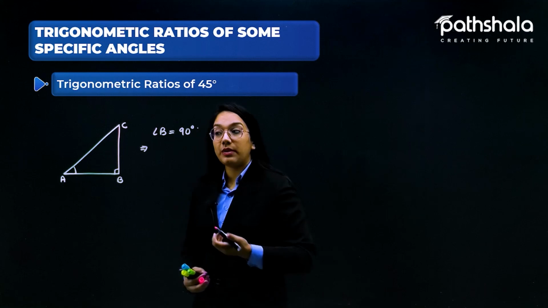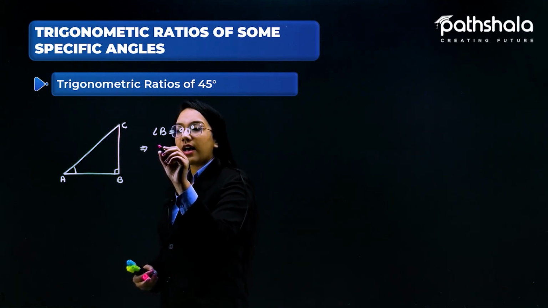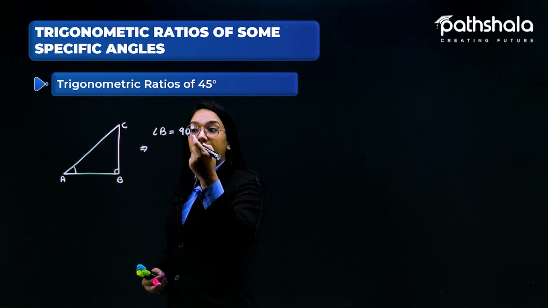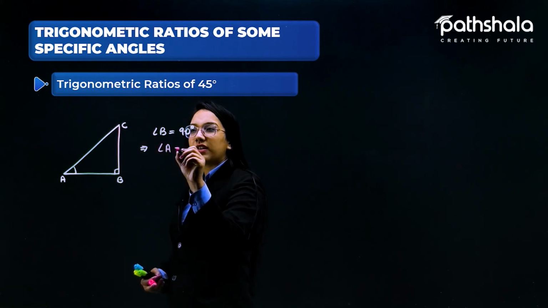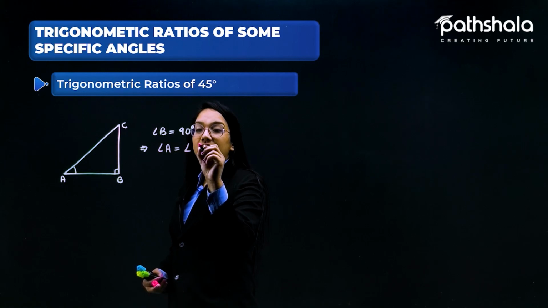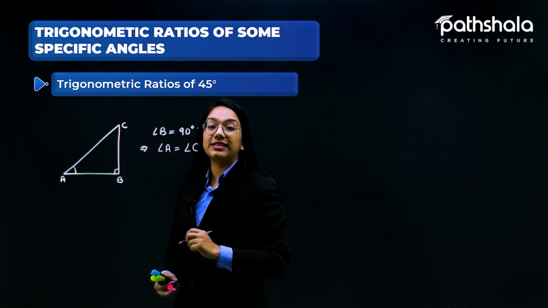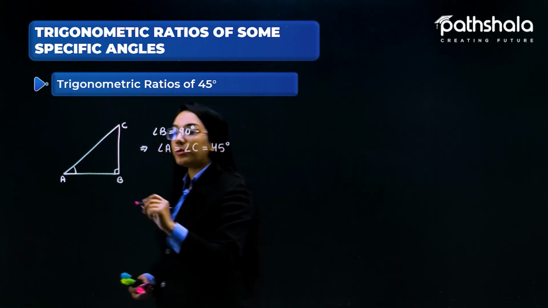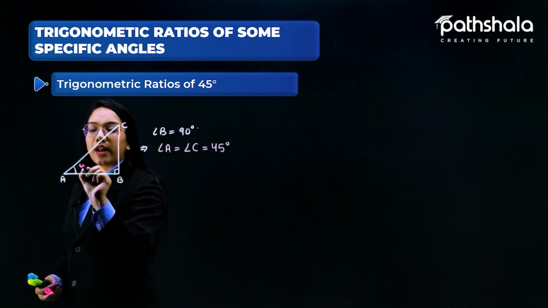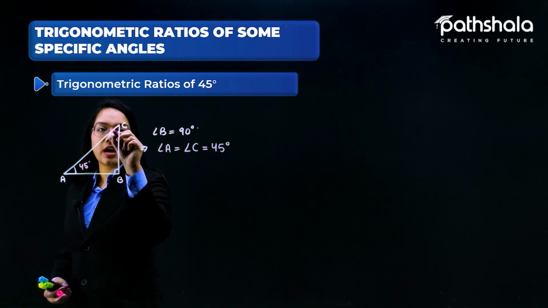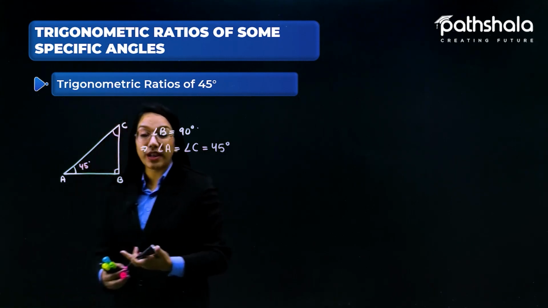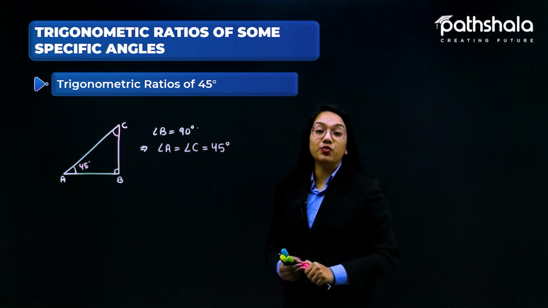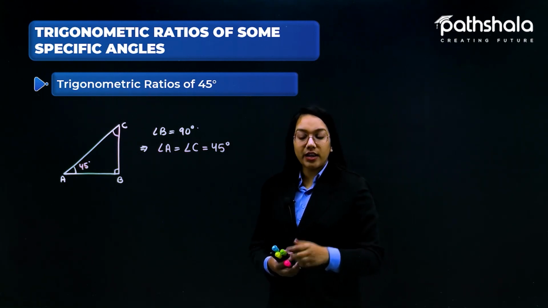So if angle B is equal to 90 degree, then angle A should be equal to angle C, because we are taking this particular angle as 45 degree, so obviously this angle would also be 45 degree as well. That's why we are taking these angles as equal to each other, because we are working with the angle 45 degree.